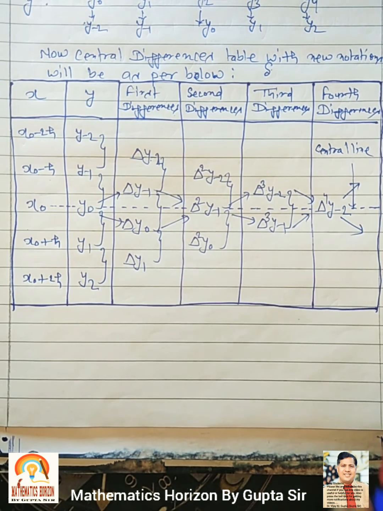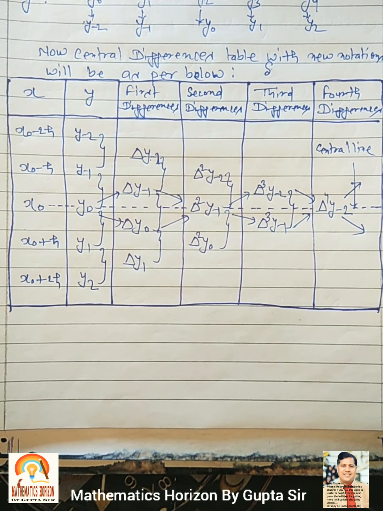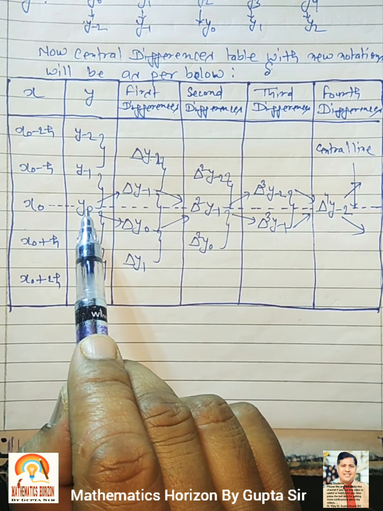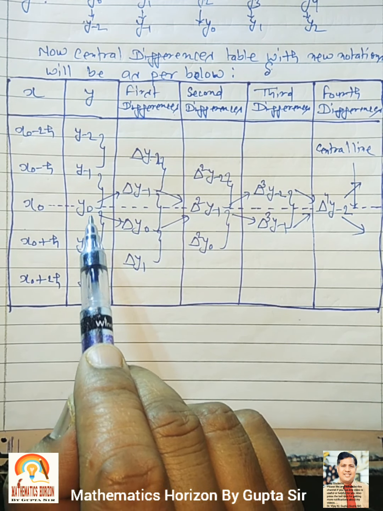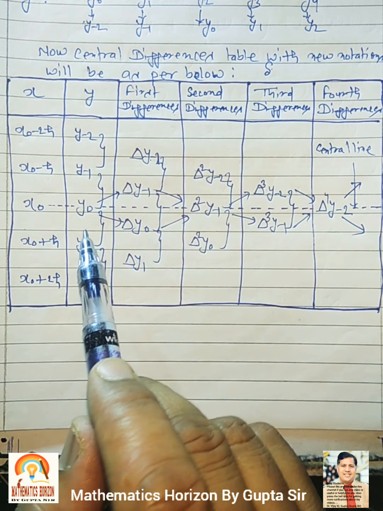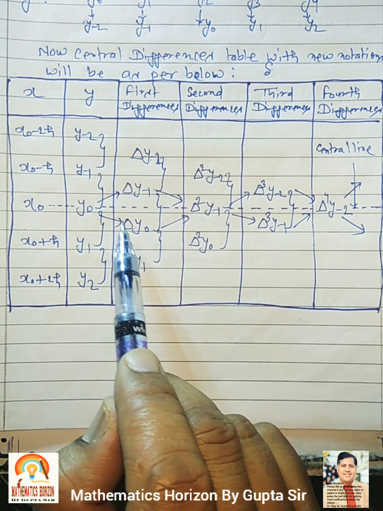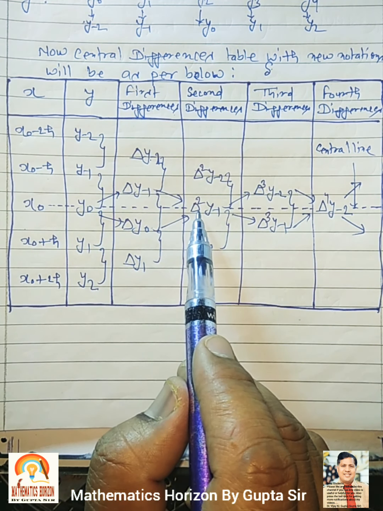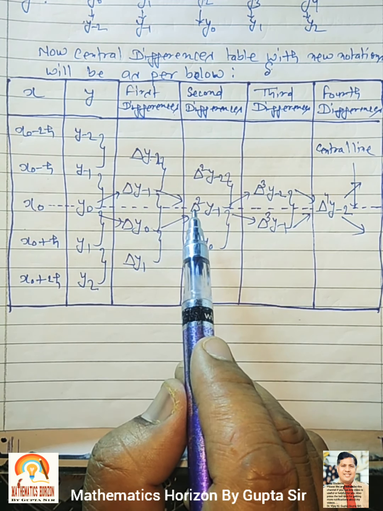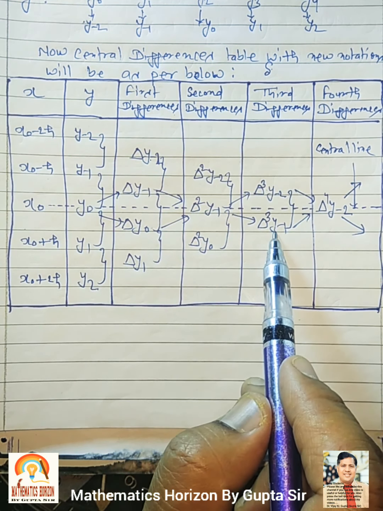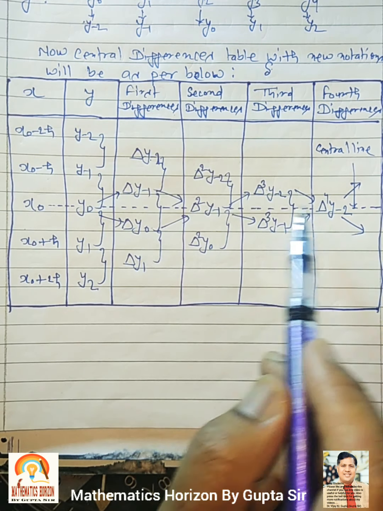This line is called central line. In Gauss backward formula we use differences on this central line and above this central line. When we use Gauss forward interpolation formula, we use these differences y0, del y0, del square y minus 1, del cube y minus 1, del 4 y minus 2.